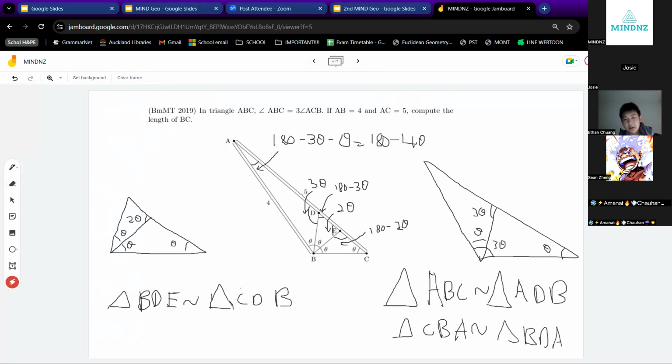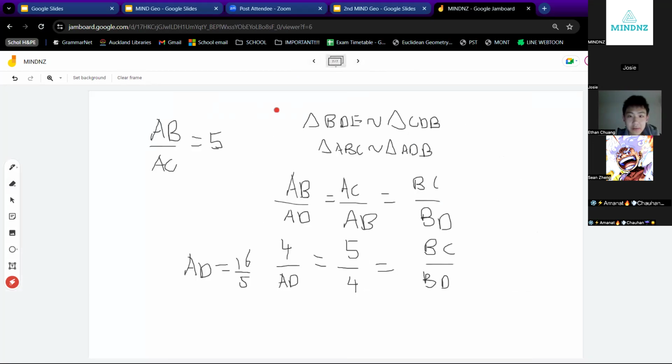All right, so has anyone tried to have a play around with the ratios for this pair of triangles? Has anyone gotten anything with this?